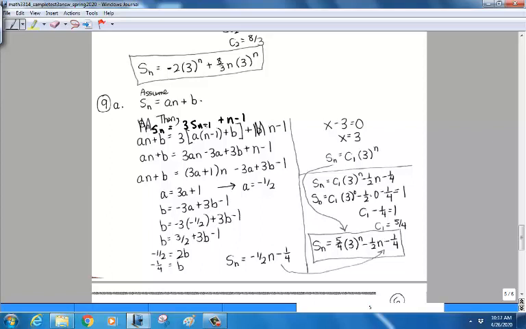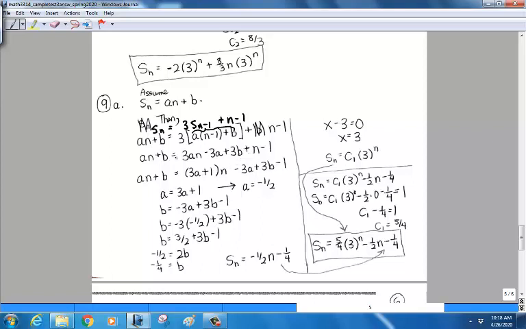That's going to be the same thing. It's going to be a times n minus 1 plus b. Remember, you're multiplying all of that by 3. So see, all of this is S sub n minus 1. And then, of course, plus the n minus 1 at the end. That's a part of the recurrence relation. So now you have to use this equation to deduce what a and b have to be.